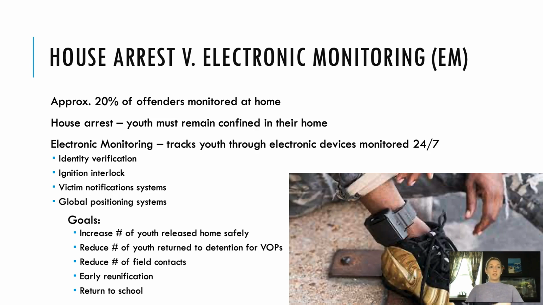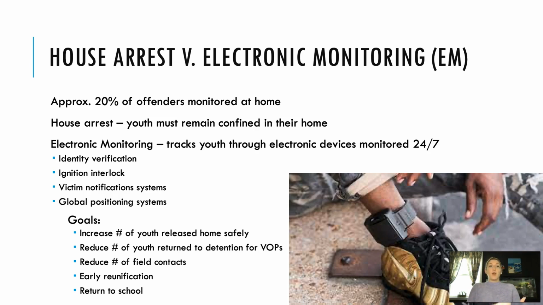So we have examples such as identity verification. You can have ignition interlocks, which will be placed on the offender's car. And we do have some youth, because they're of driving age, that will get these. And they have to blow into the system and show that they're not intoxicated to be able to start the car. We have victim notification systems and global positioning systems, or GPS, which is going to be your most common.